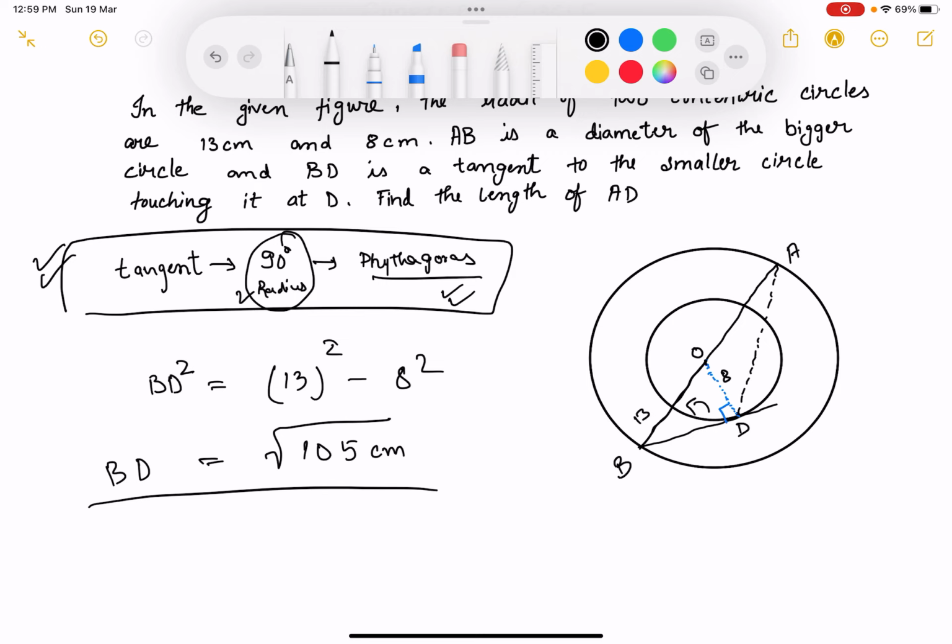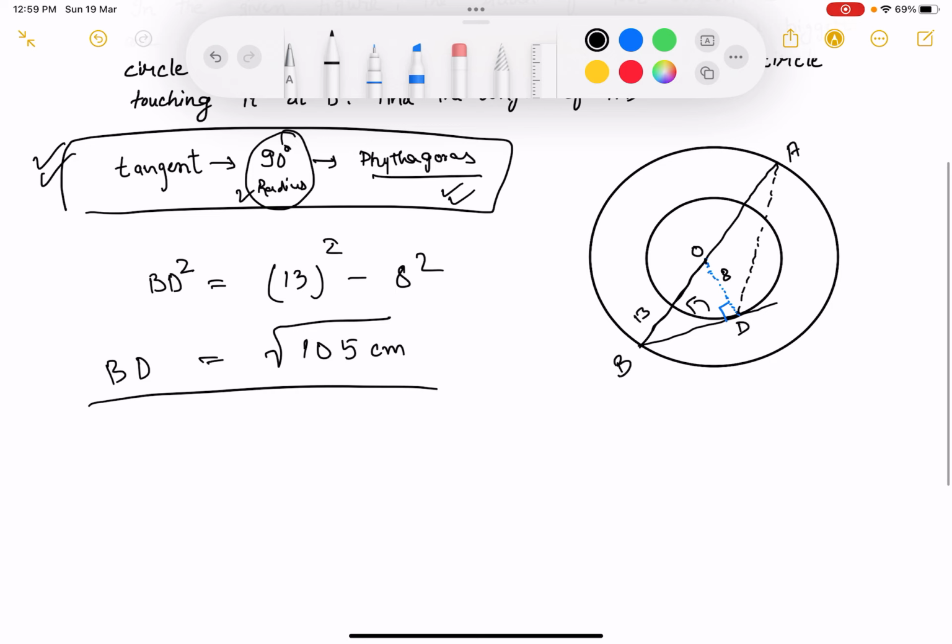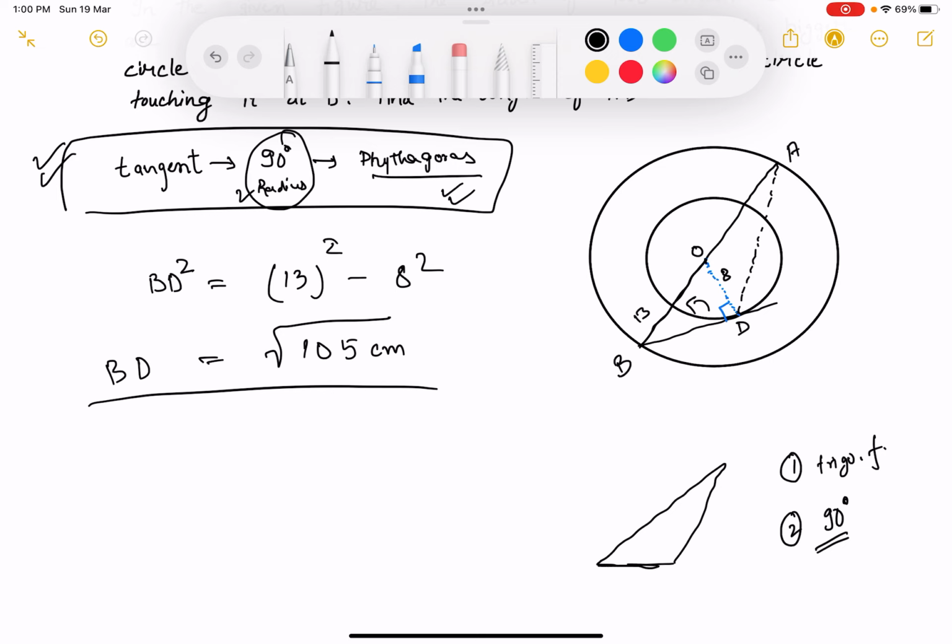So there's a general thing. Whenever we are given a triangle, then two things can be done. First thing is applying trigonometric functions, or second thing is applying Pythagoras theorem or finding some angle which is 90 degree. So in this case we are given the sides, but we don't know any angle in this triangle.